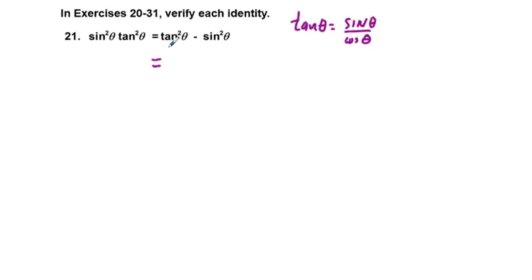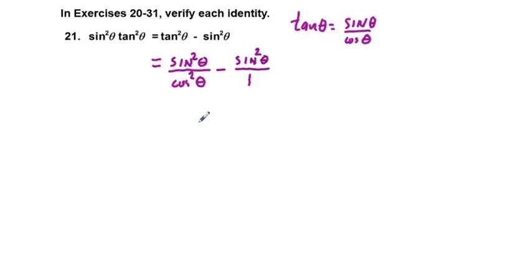So replacing this, we have sine squared theta over cosine squared theta, and I'm going to rewrite this sine squared theta as sine squared theta over 1.